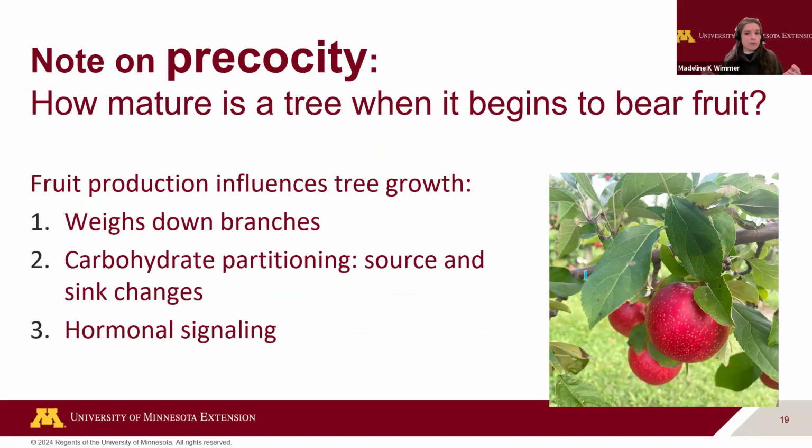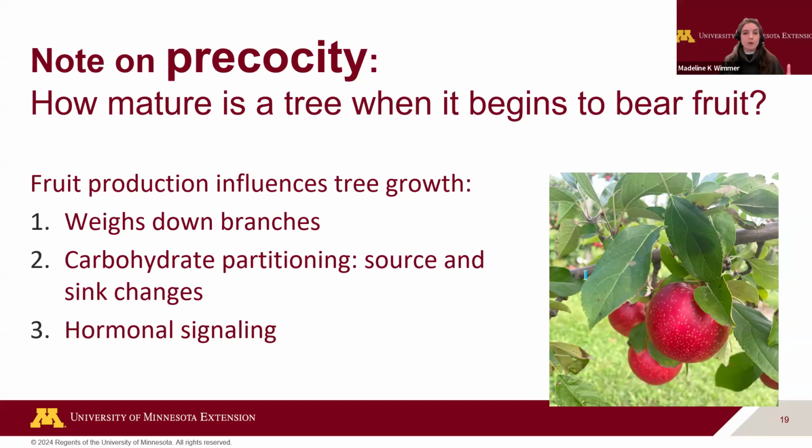So without fruit, shoots are going to be very vigorous and they're going to be very upright, because there's nothing to weigh them down and there's no hormonal signaling happening. But the minute that a branch begins to start showing those little spurs, you know that you're going to be seeing fruits. And this is important because when fruits start to be made, they draw energy from the tree.